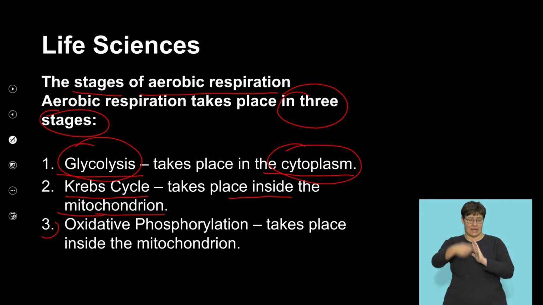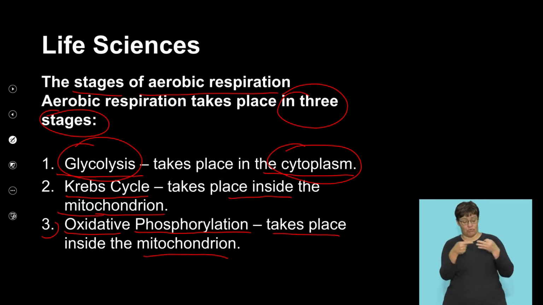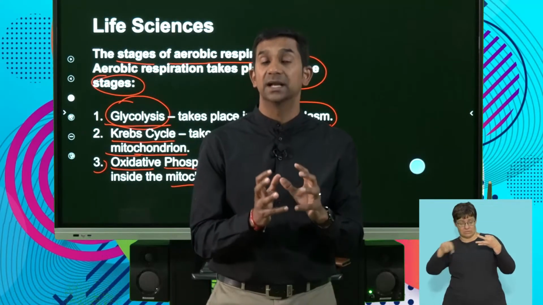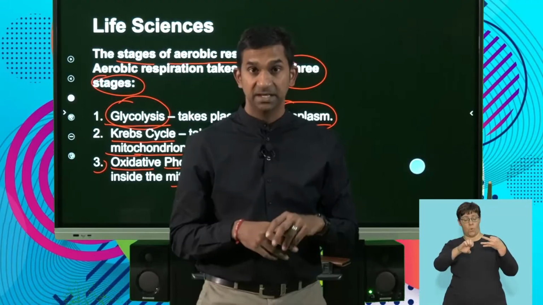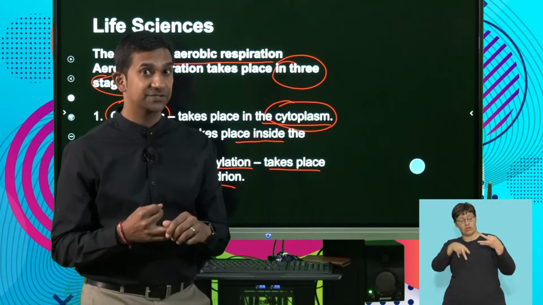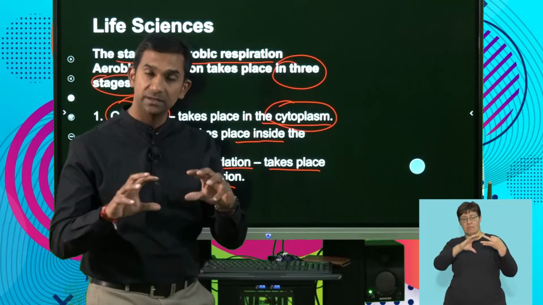And the third stage is called oxidative phosphorylation, and we'll unpack that in a bit. And this takes place also inside the mitochondria. So there are three stages. The first stage happens in the cytoplasm, which is called glycolysis. The next two, which are the Krebs cycle and oxidative phosphorylation, take place within the mitochondria.